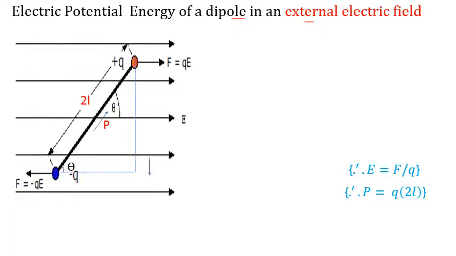Now see here, this is the external electric field, direction is as shown. In this electric field, the dipole, that is minus q and plus q, these two charges are separated by this distance 2L, and this system forms a dipole, and this dipole is kept in this electric field in such a way that axis of this dipole makes angle theta with the direction of E. Now here on plus q, force F is acting, which is in this direction, whose magnitude is q into E. On minus q charge, q into E is the force acting, but which is in opposite direction, means in this direction.